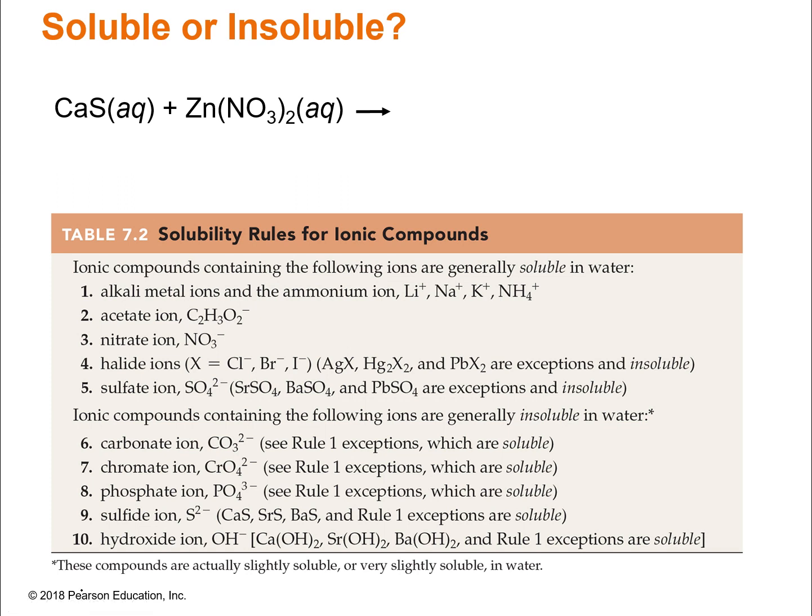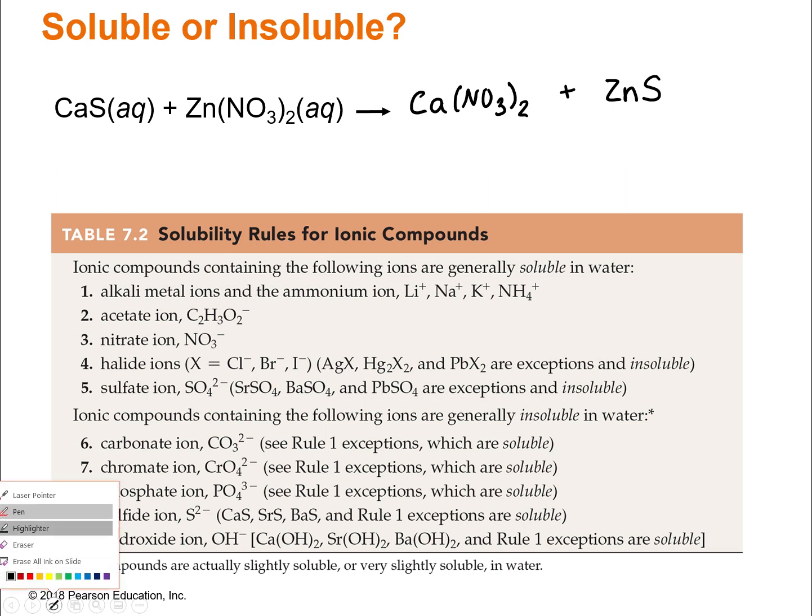The calcium is with the sulfide. When we combine our 2 solutions, that calcium is going to say, hey, you know what? I want to try the nitrate out. I'm not going to put a state of matter yet because I don't know. The zinc is going to try out that sulfide. So that's how we swap.